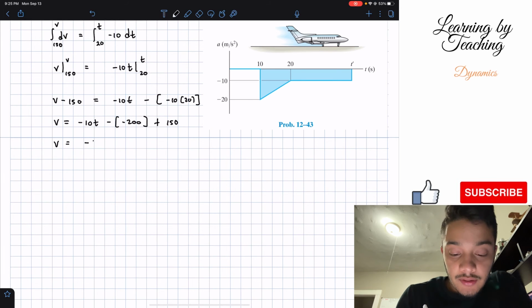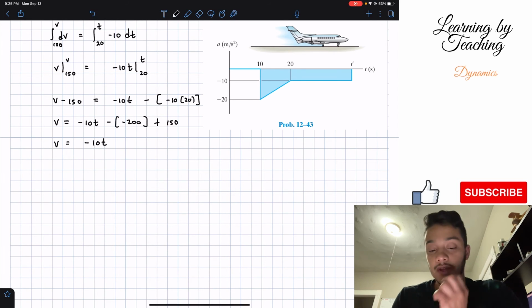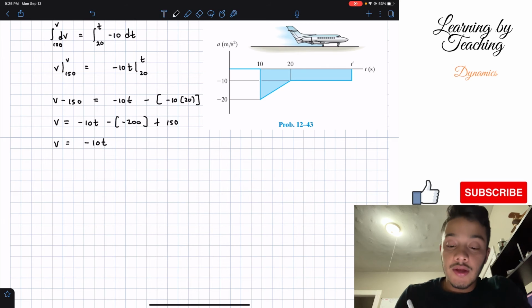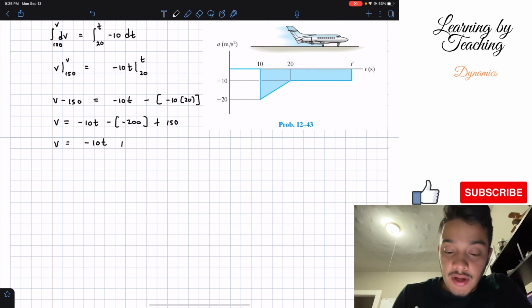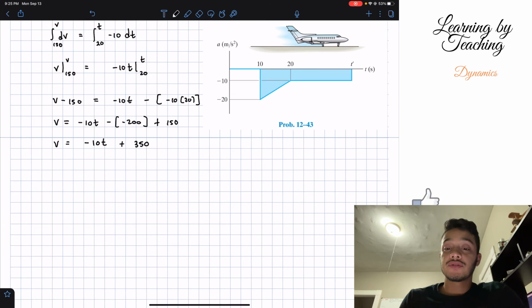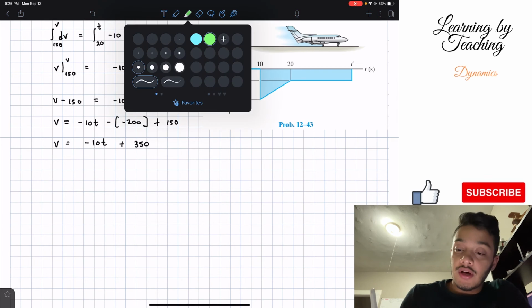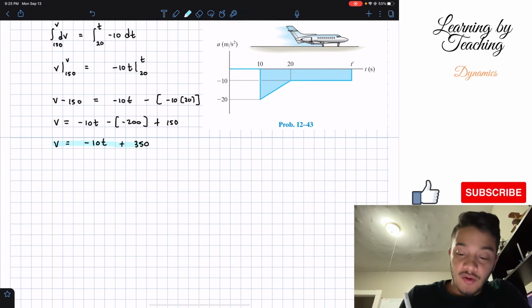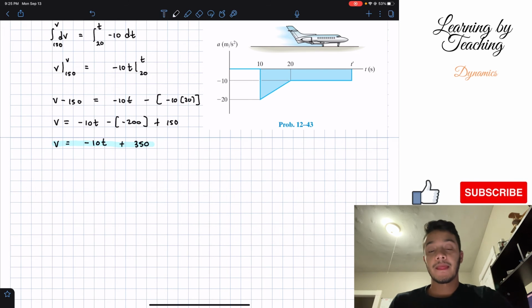Finally, if we solve for our velocity and we simplify it all the way, we're gonna have plus 350. Okay, so we just found another important equation for this problem.